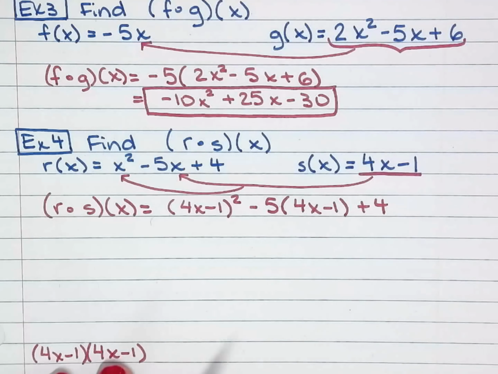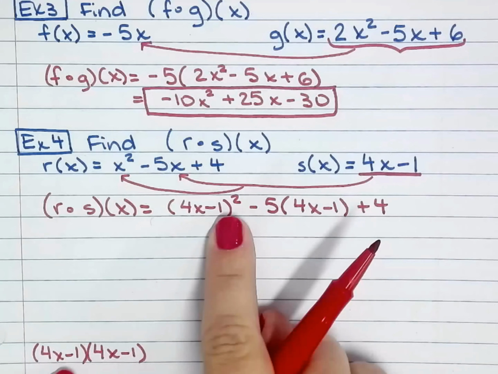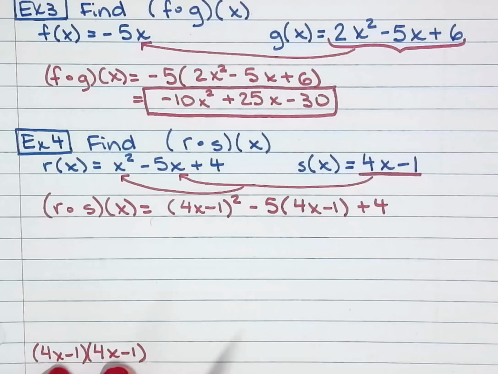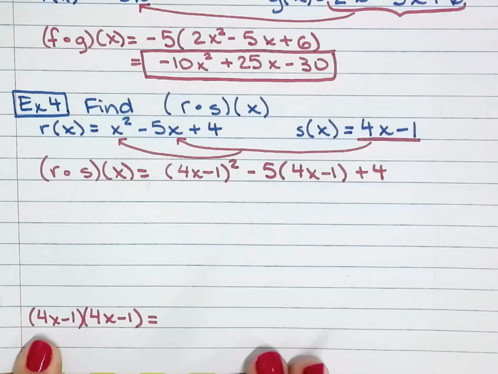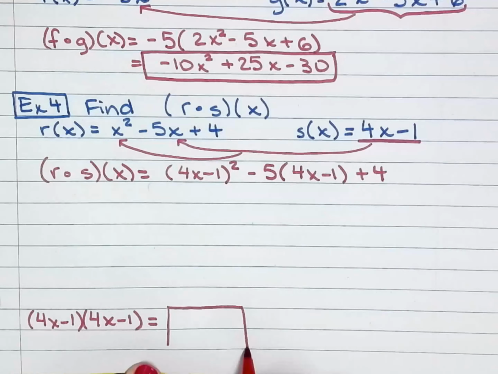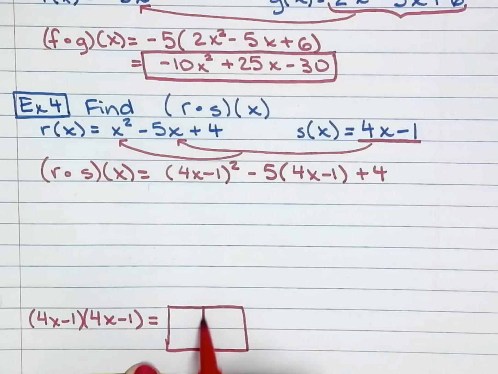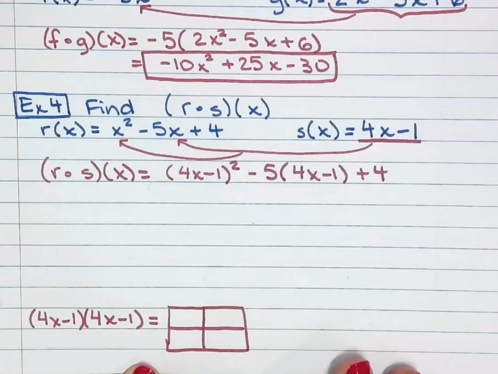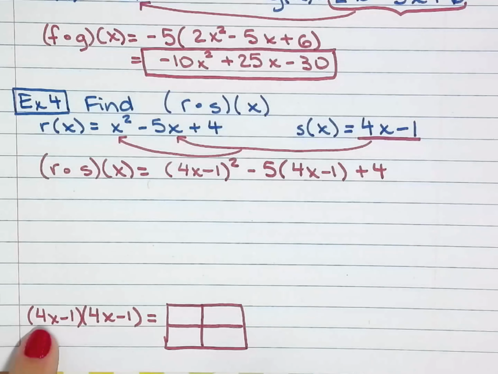So 4x minus 1 squared is the same thing as 4x minus 1 multiplied by itself. Okay? You can do FOIL or you can do the box. Either way, you're going to get the same answer.